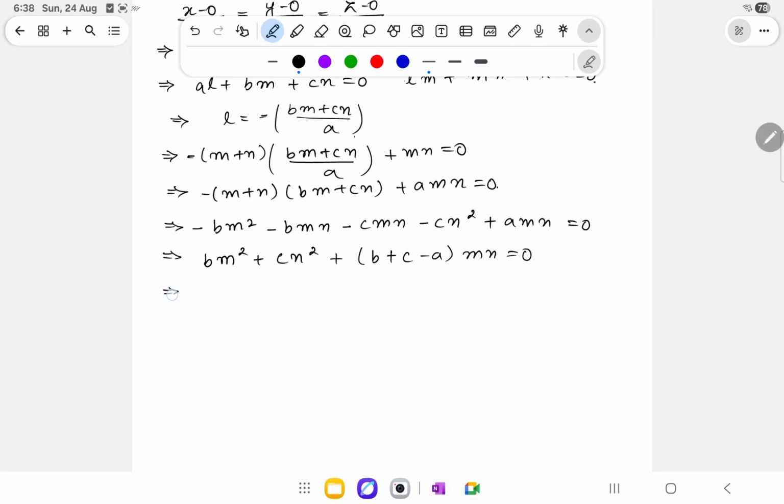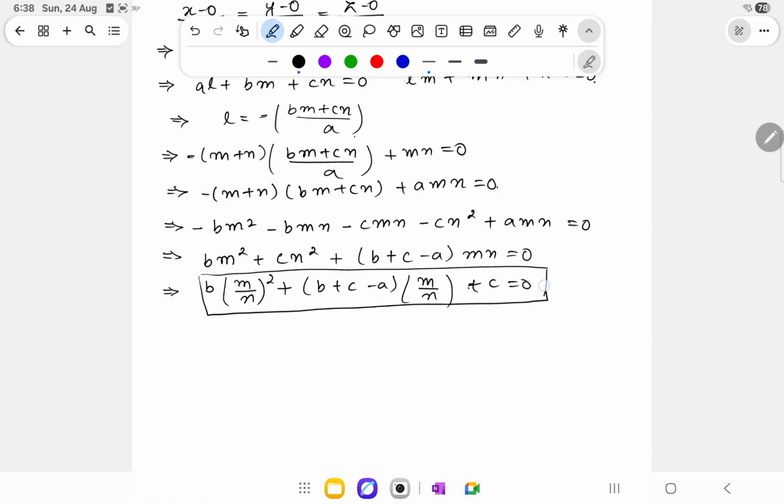I can divide the whole equation by n square to get a quadratic equation in m by n, which is b(m/n) square plus (b plus c minus a)(m/n) plus c equals 0. So this is my quadratic equation in m by n.